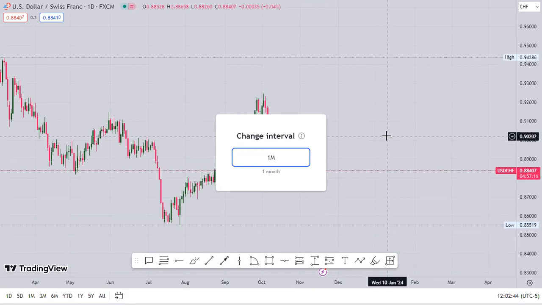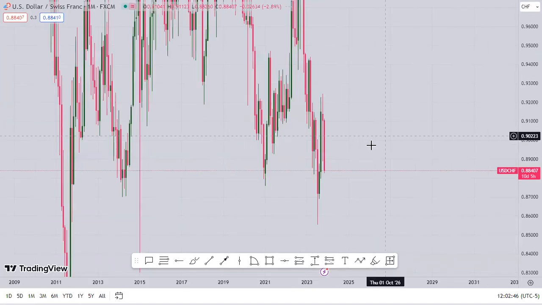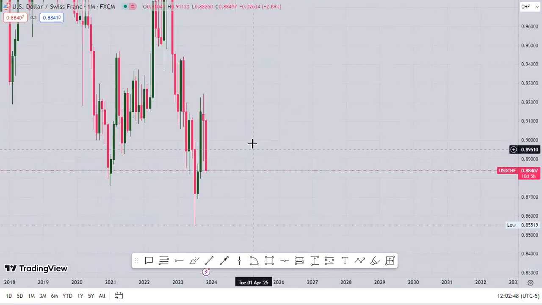Yep. So remember the rule of thumb, we start with our directional bias. For our directional bias, we rely on the one month because at the end of the day, it has a lot of force.